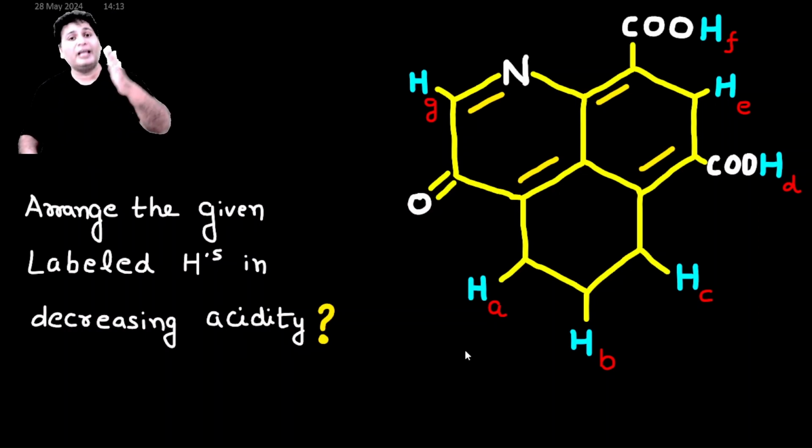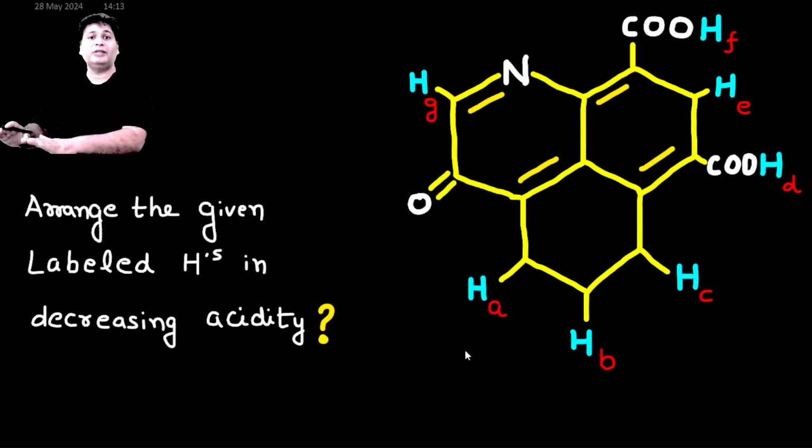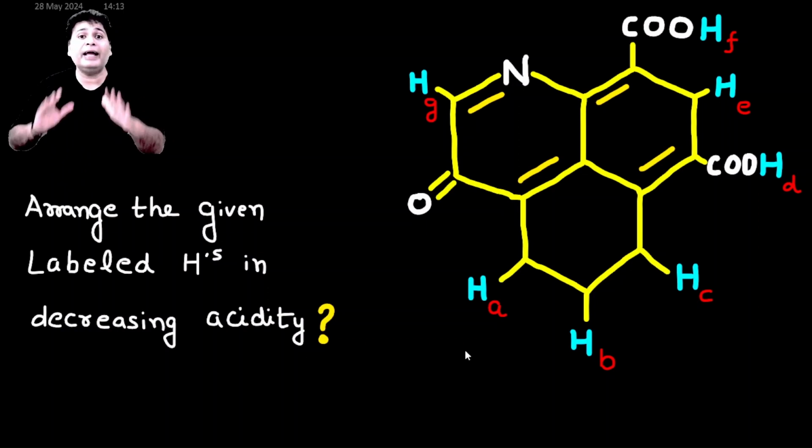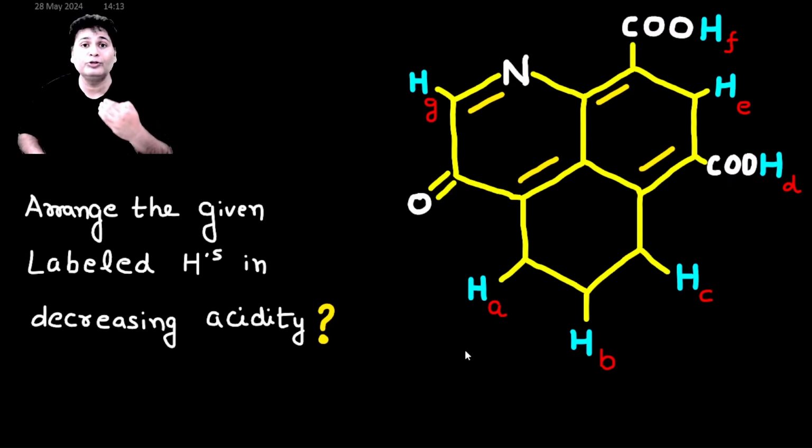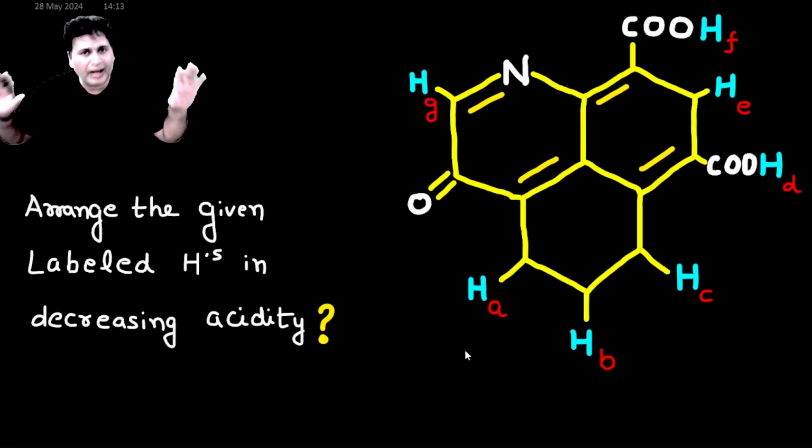If it is stable, then the hydrogen is going to get released as H plus with more tendency. However, if the resultant anion is less stable, the tendency of the hydrogen to get removed as H plus will be less. So on that ground you are going to put a hierarchy of the acidity.